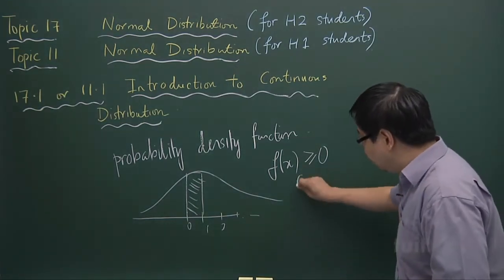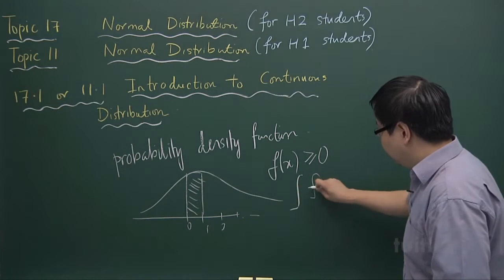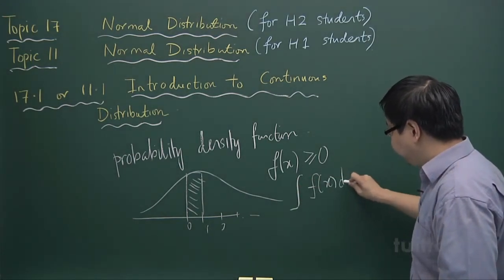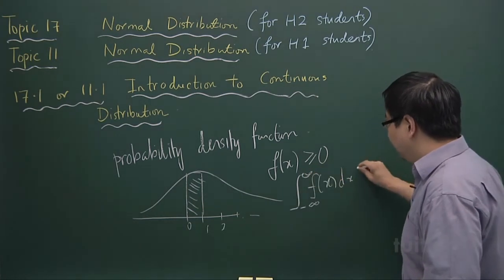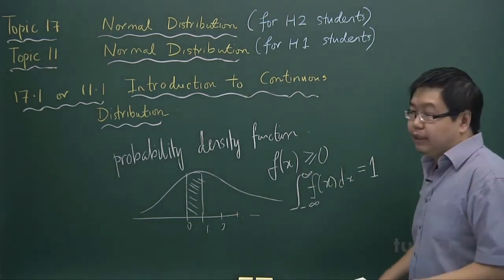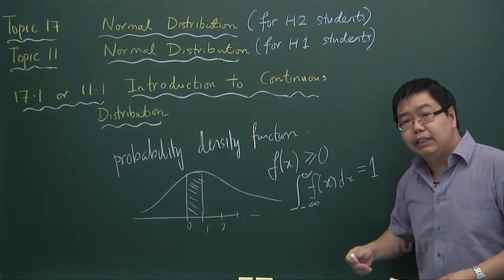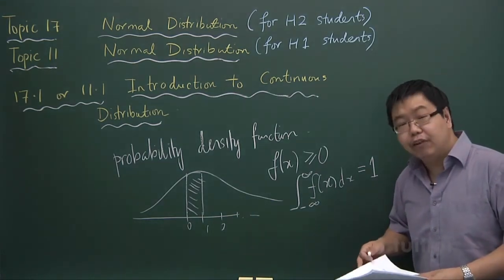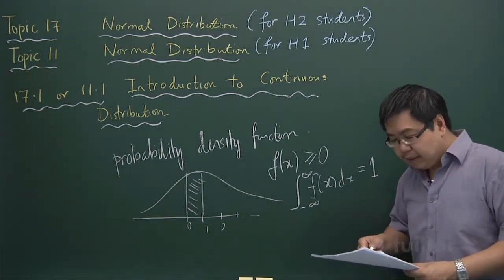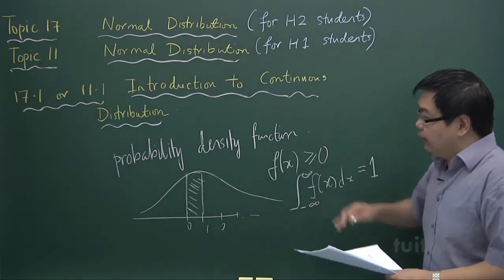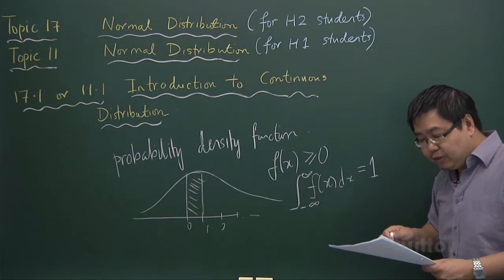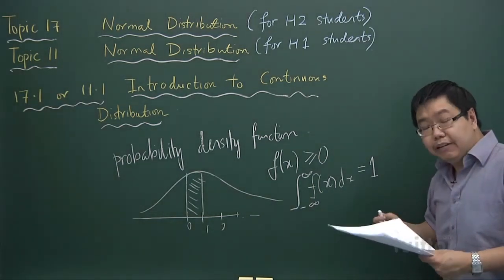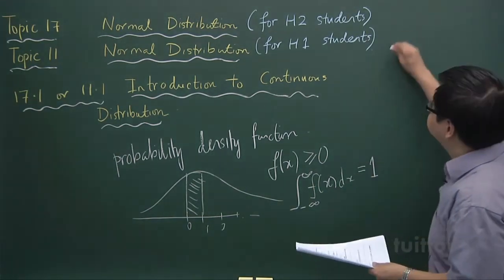And the other condition is that the integral of the density function from minus infinity to plus infinity will always be 1, okay? Something similar to the probability distribution function for the discrete random variable. Now, besides knowing some guidelines about the probability density function, you also need to know the definition of expectation.